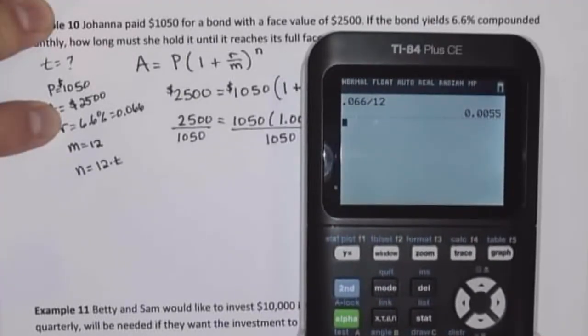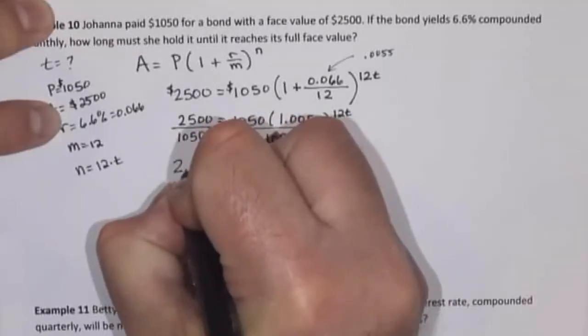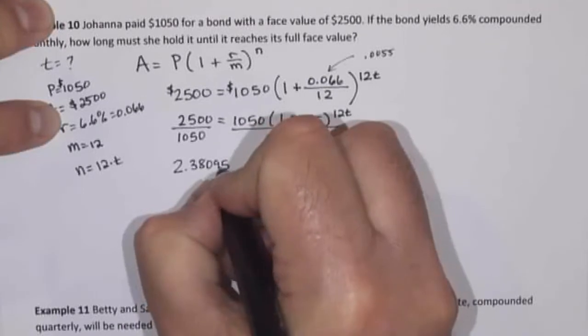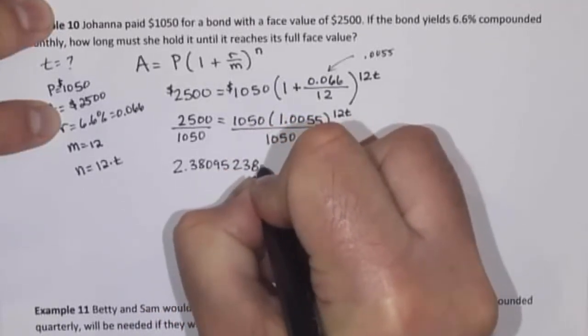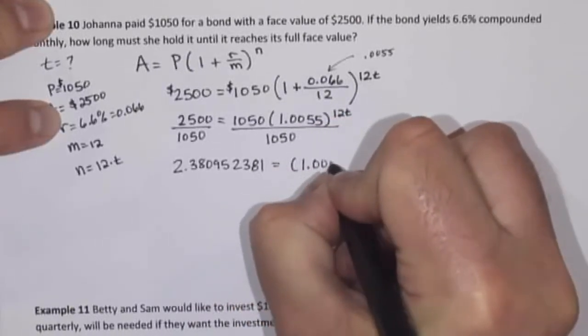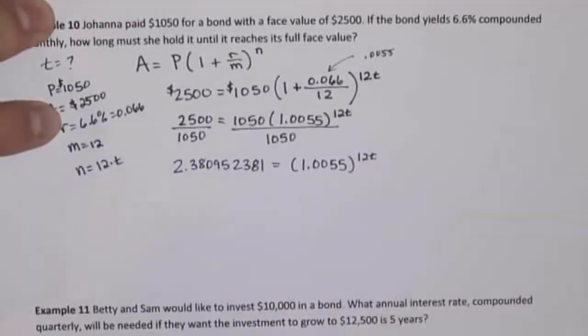If I take 2,500 divided by 1,050, that is 2.380952381. And that equals 1.0055 raised to the 12t power.